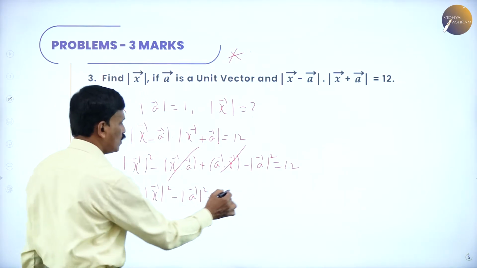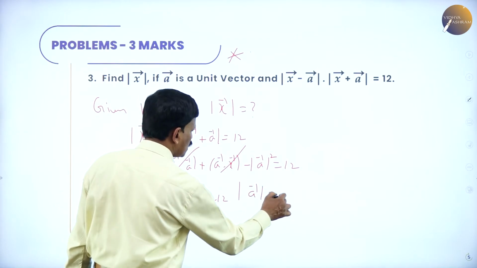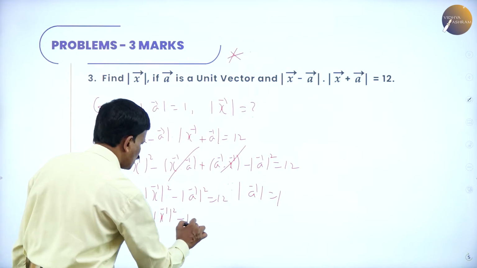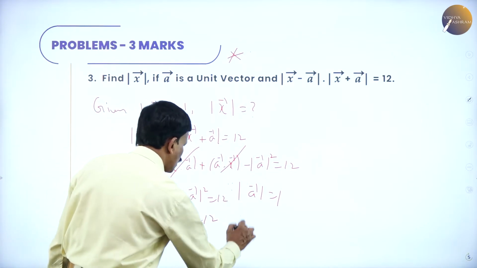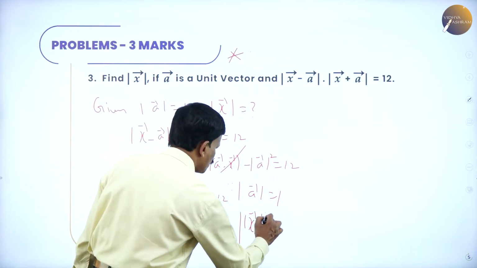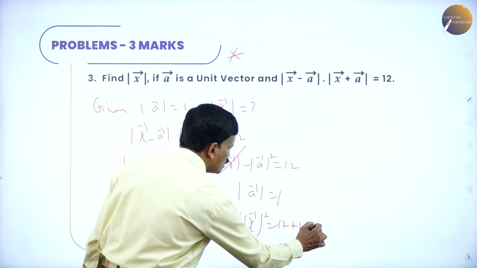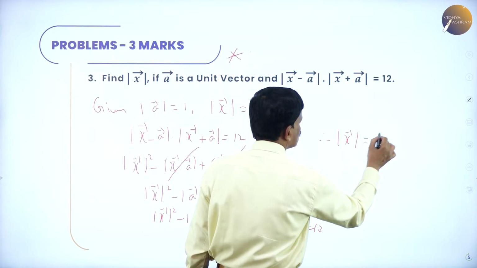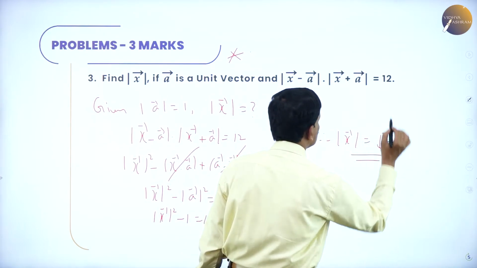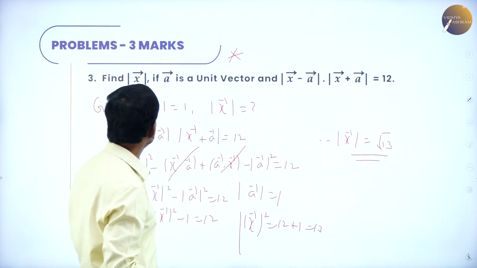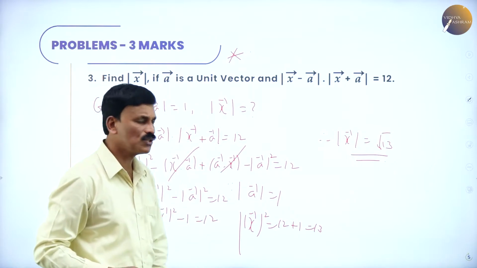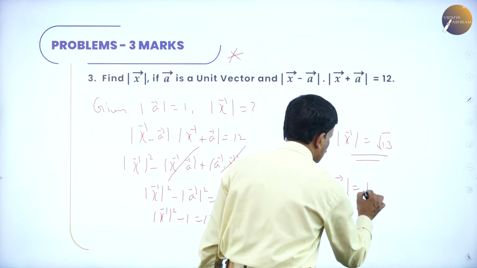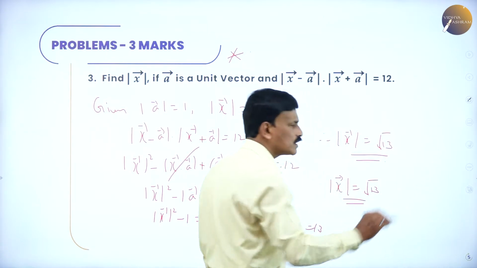Since we know the value of the unit vector is 1, substitute here: length of x square minus 1 is equal to 12, or magnitude of x whole square is equal to 12 plus 1, which is 13. So therefore the magnitude of the vector x is equal to root 13 units.